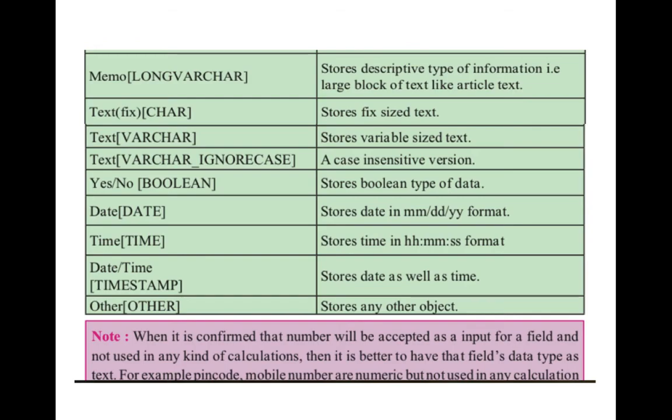Next comes our text data type. In text data type, there's something called char, there is varchar, and there is varchar ignore case. In fixed char, there will be a fixed memory space for the data being entered.